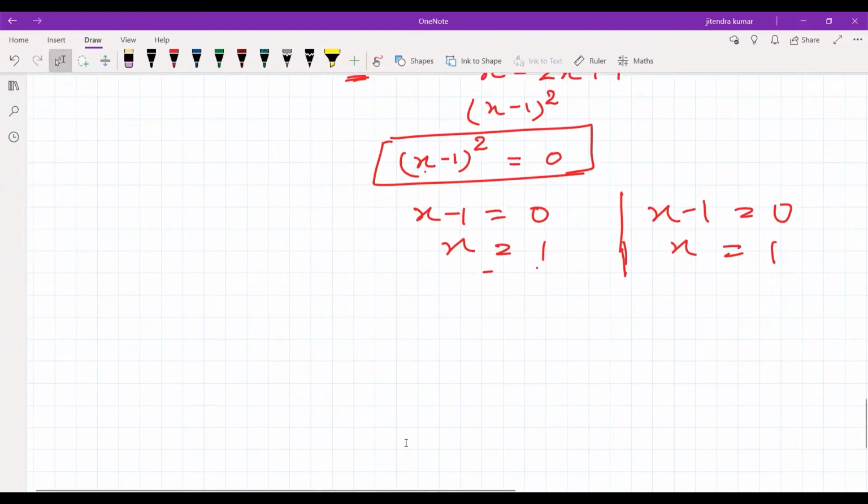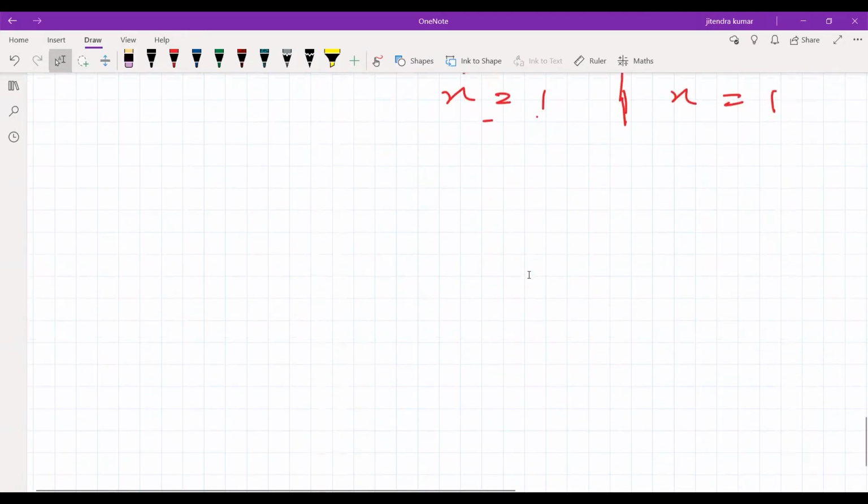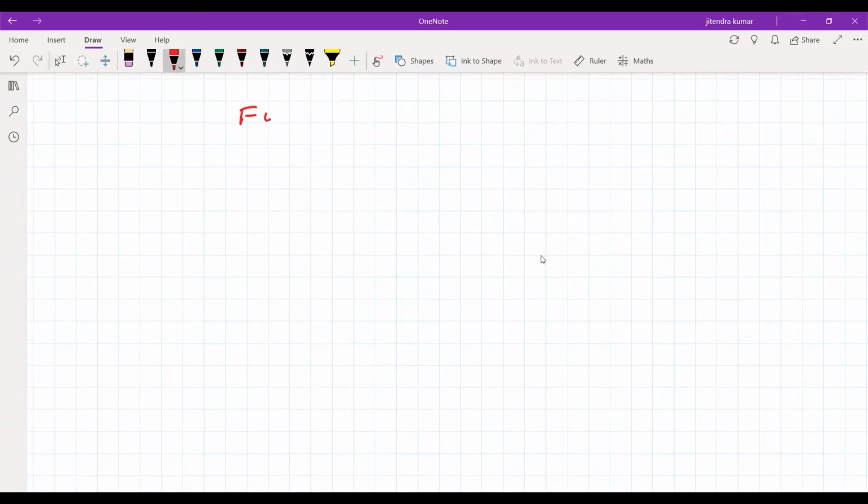Okay, now we will learn about finding the zeros. How can we find zeros of different polynomials? So we will start with linear first.